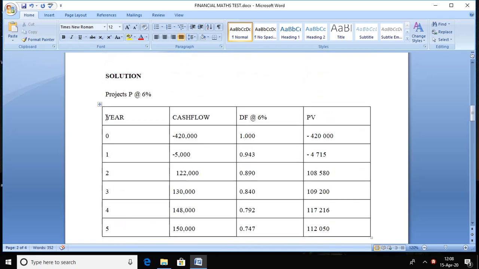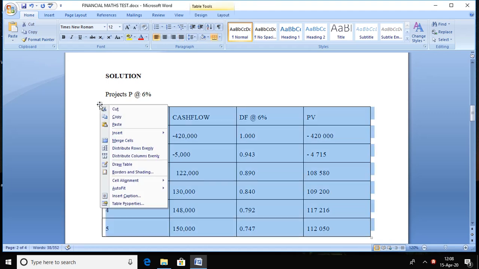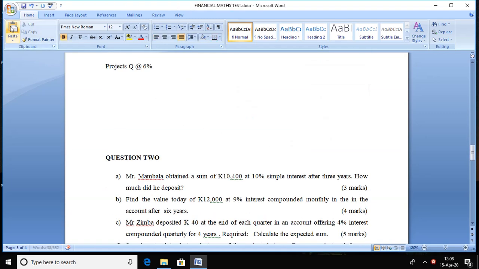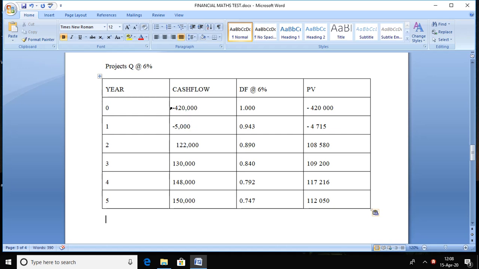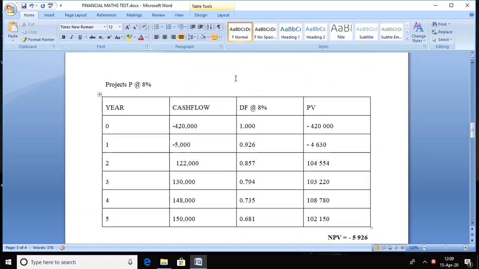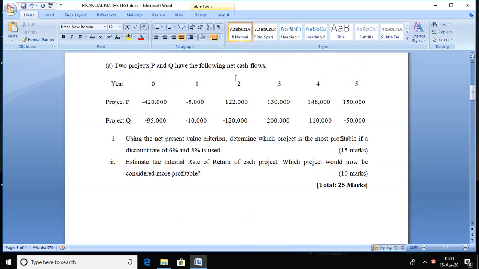Let's borrow this table. Project Q at 6%. Of course, the cash flows for project Q will be different. When you get the discounting factors from the table at 6%, they'll be the same. The PVs will be different. So let's bring in the cash flows for project Q.